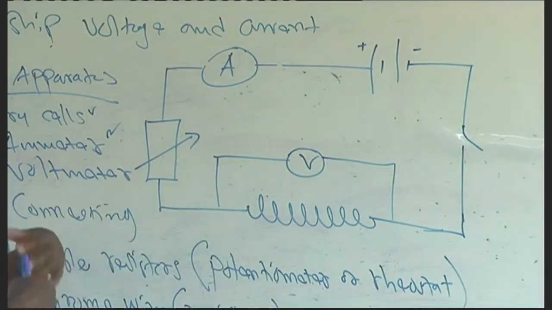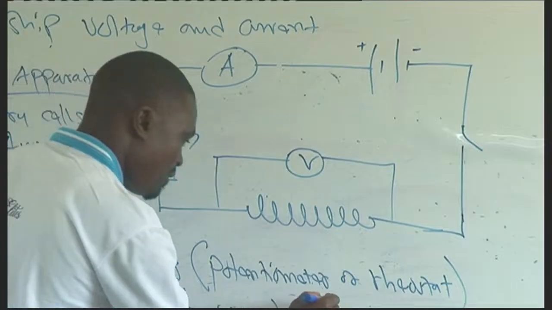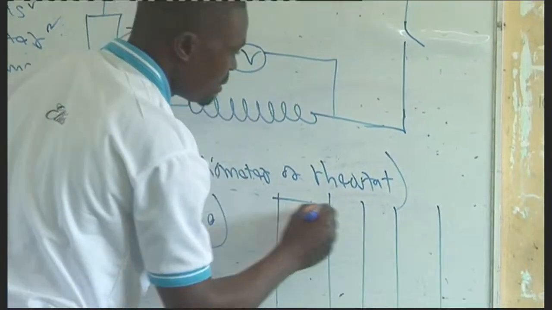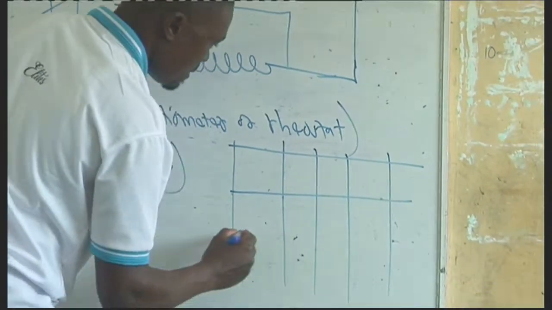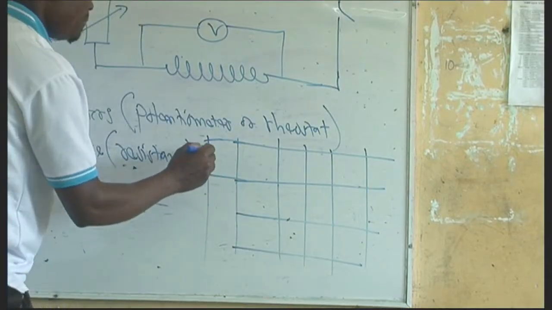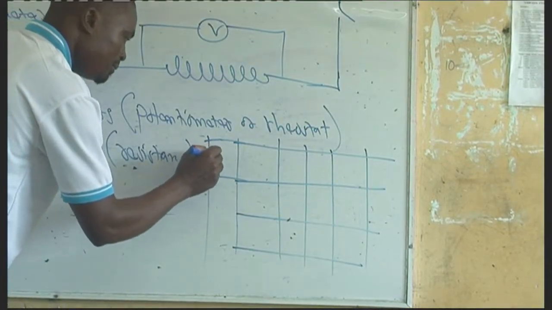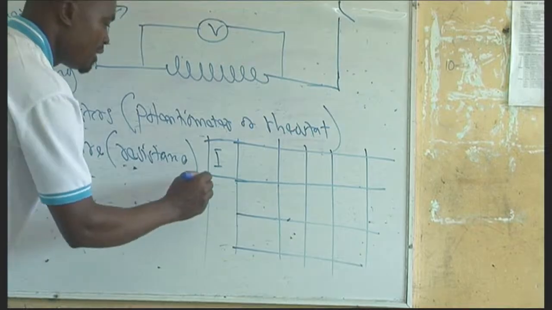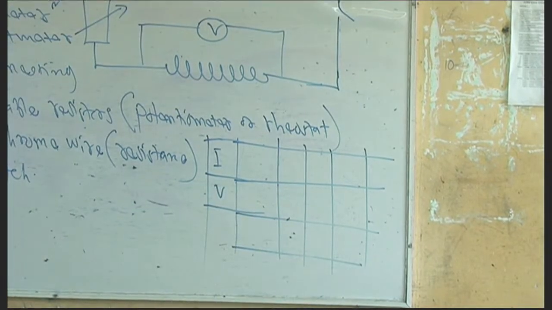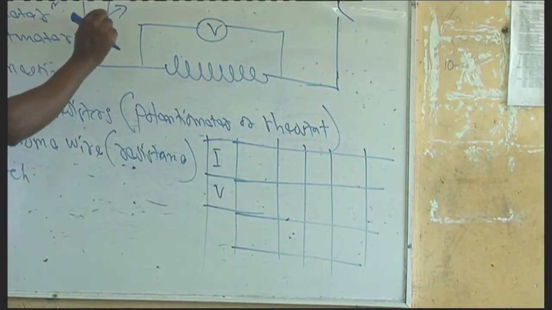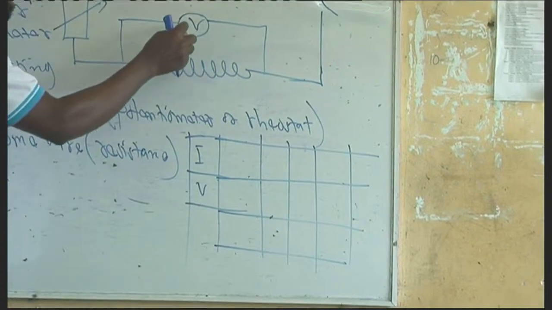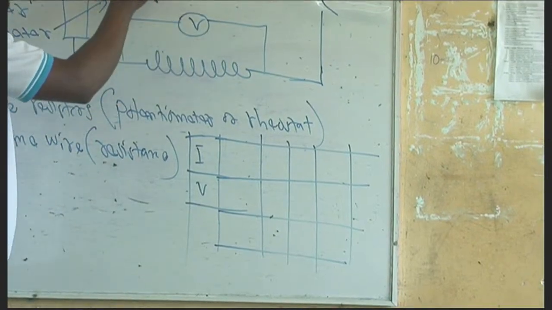So when you have a table, for example, you can have a small table whereby we'll have the ammeter reading for current and voltmeter reading for voltage.